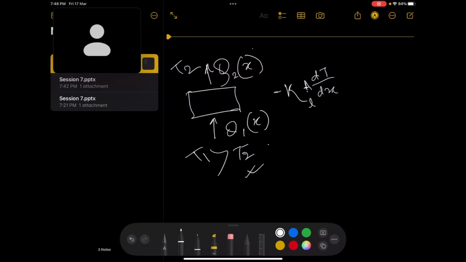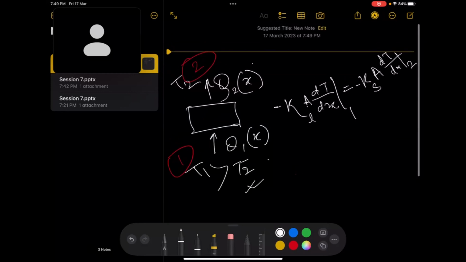This happens to be at the entry side, side 1, being equal to the solidified material's conductivity, area, and then the thermal gradient at the other side, side 2.